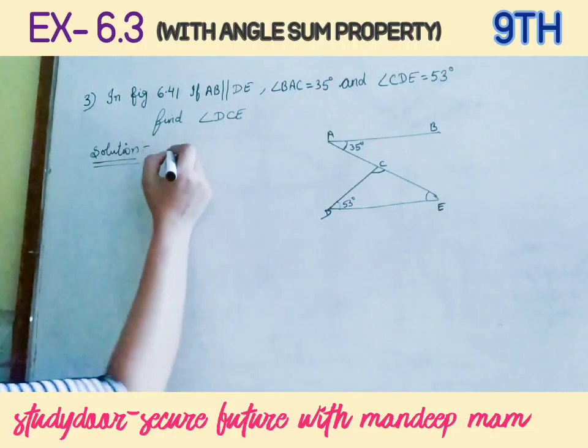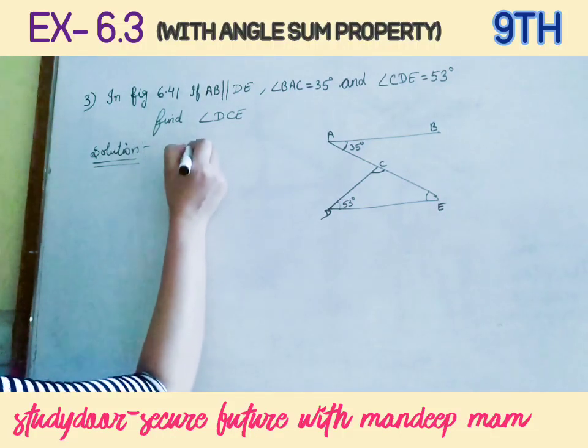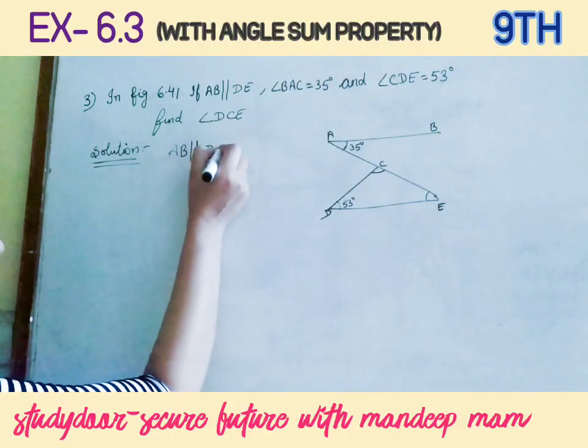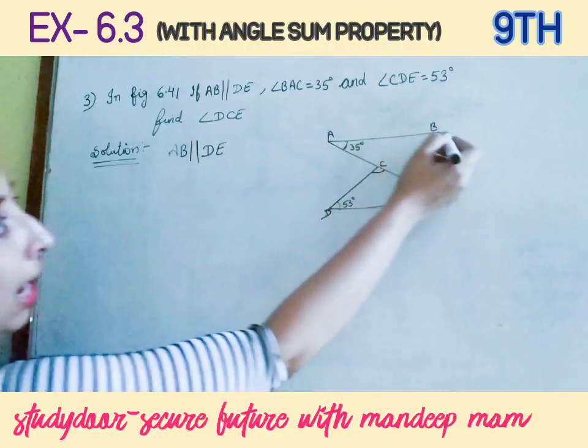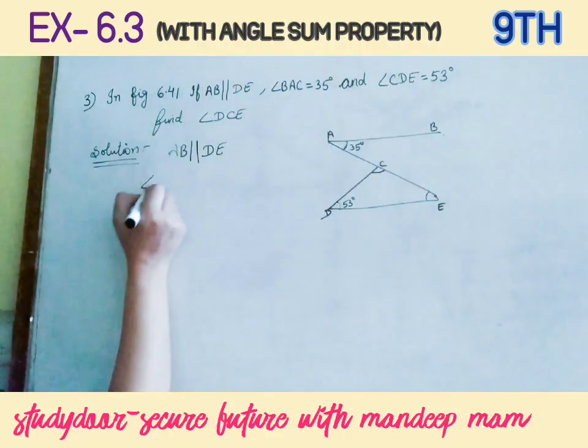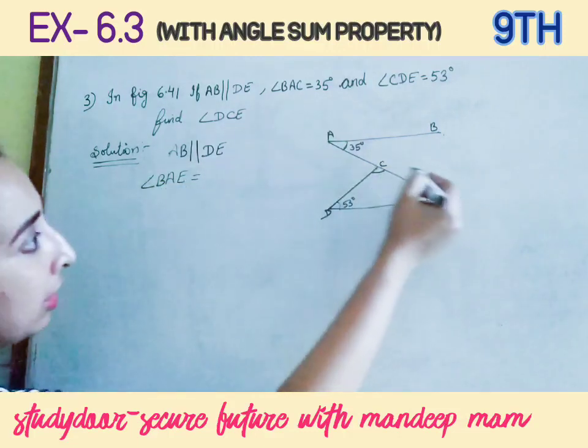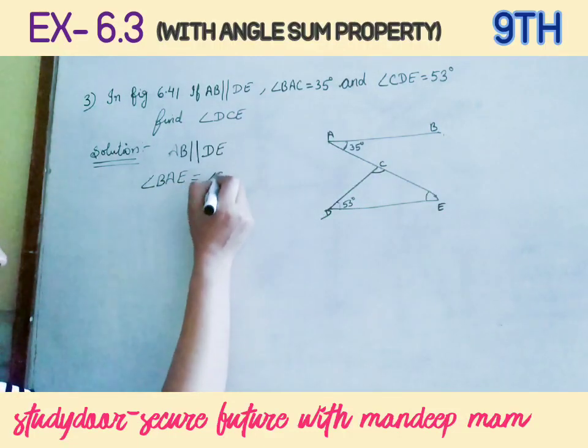Now we will write that line AB is parallel to DE, so angle BAE will be equal to angle CED.